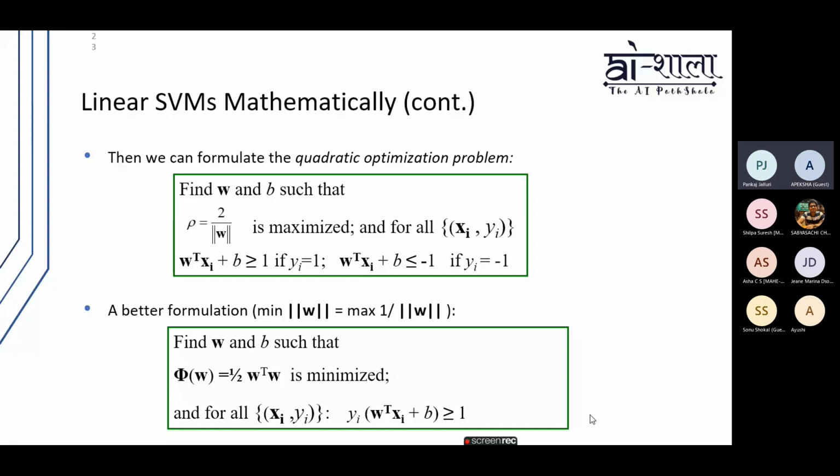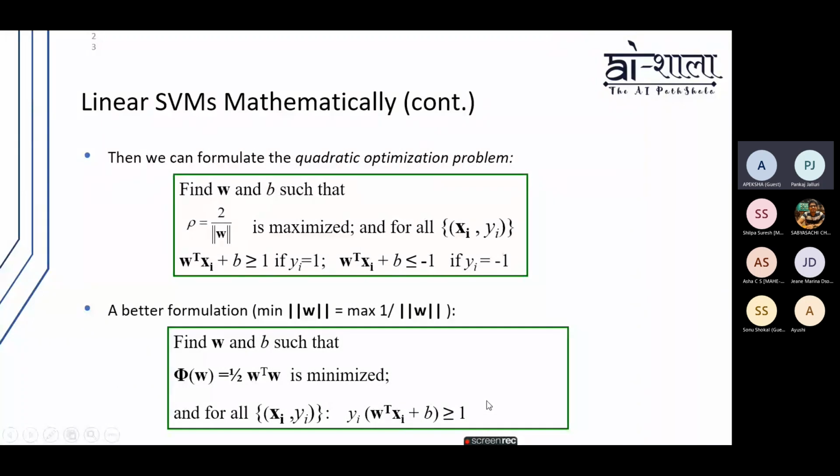Okay, let's go back. What we want to do is solve the SVM, and find the support vectors, and find the two equations of the line that maximize the margin. We have converted it into a minimization problem, and we want to minimize this, and the constraint is greater than or equal to.